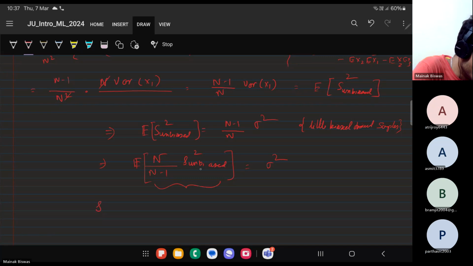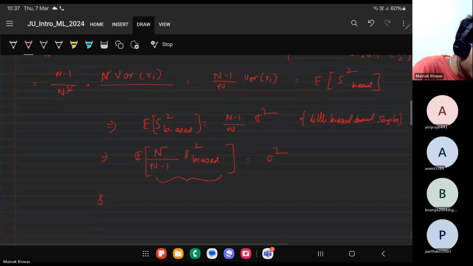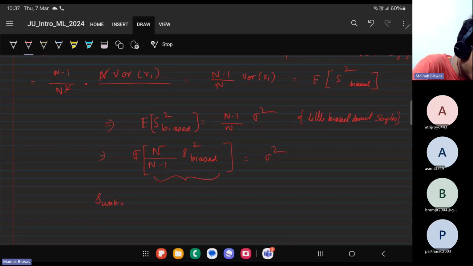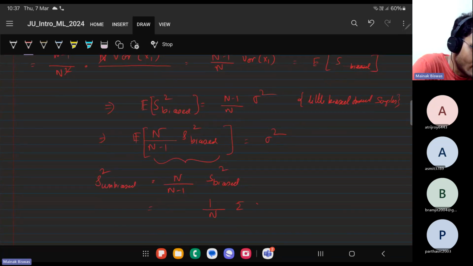So, good. I have written unbiased everywhere, so this should be biased. So unbiased is equal to n by n minus 1 times S biased squared. What was the value of S biased squared? 1 by n summation of xi minus mu n cap, whole squared, i equal to 1 to n, into n by n minus 1.